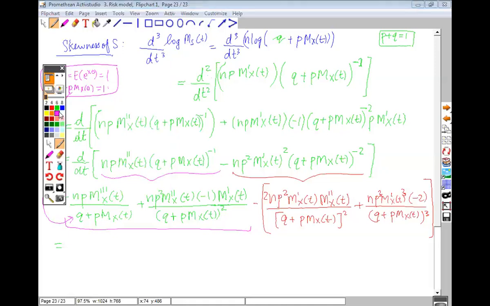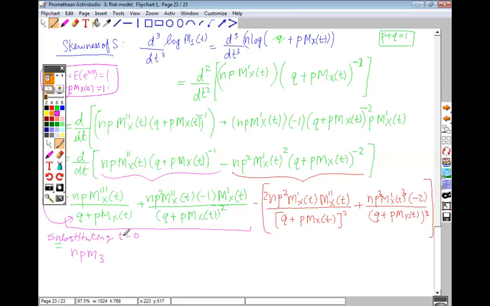And now basically here we are substituting t equals 0. All right, so I'm going to write NP as it is. We have NP, and instead of M triple prime of xt, I'm just going to write it in shortcut terms, which will be M3. So this basically denotes the value of this thing at t equals 0.